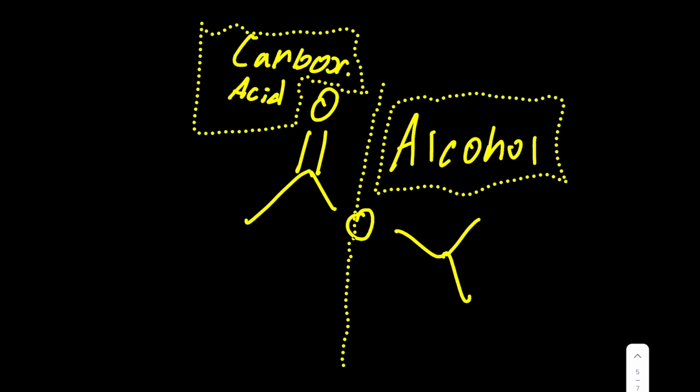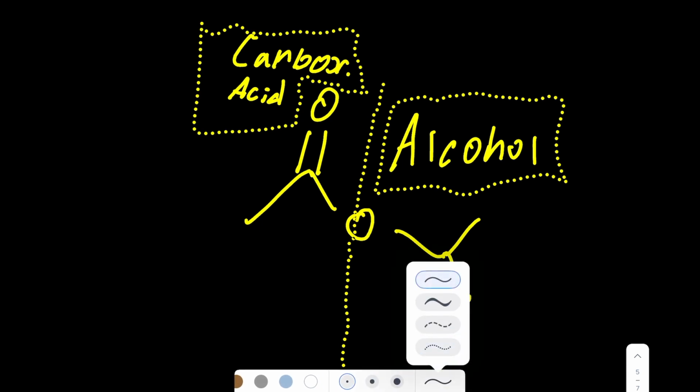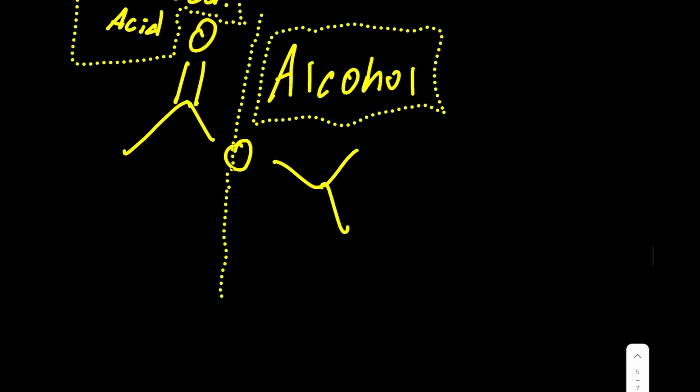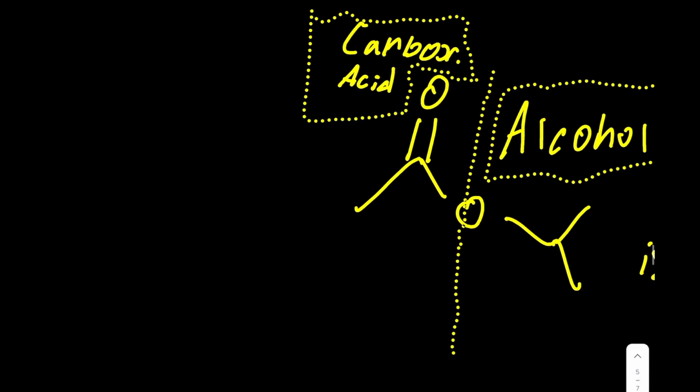We always start the name with the alcohol part. So this alcohol is going to be isopropyl, right? And here, this carboxylic acid, we know we used, this is obviously ethanoic acid, right?